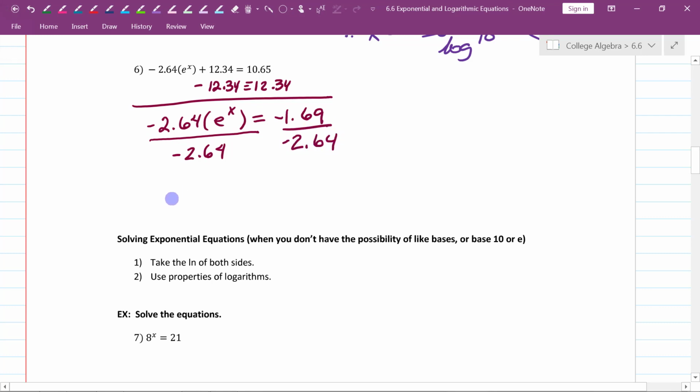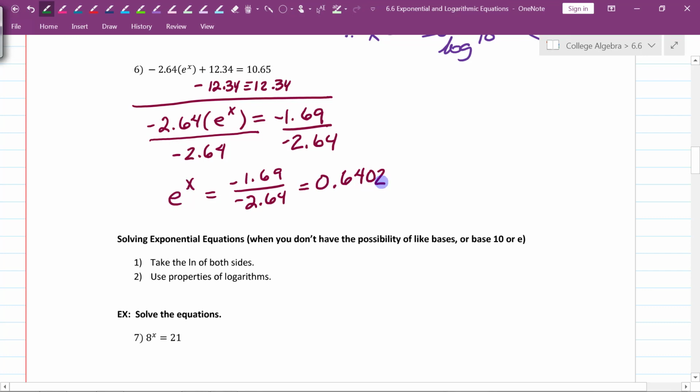Therefore, I have e to the x is equal to negative 1.69 divided by negative 2.64. You'll see that you can go ahead and convert this to a decimal, and that is going to be equal to a positive, negative divided by negative, 0.6402.